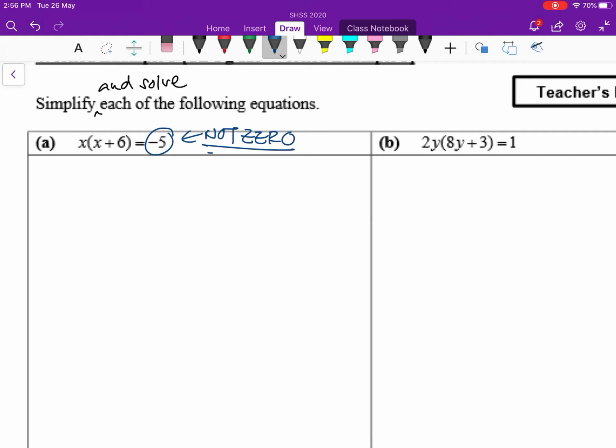If it's not 0, you have to make it 0, otherwise you cannot solve. Remember, your smiley face times sad face equals to 0. This side must be 0 for you to be able to solve it. If it's not 0, cannot solve. Alright? So, expand and simplify.